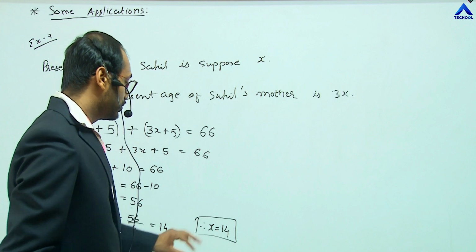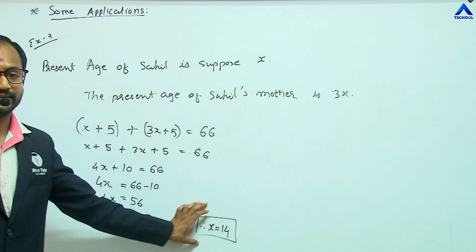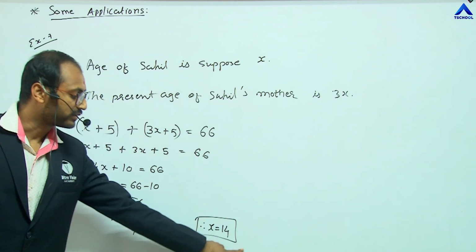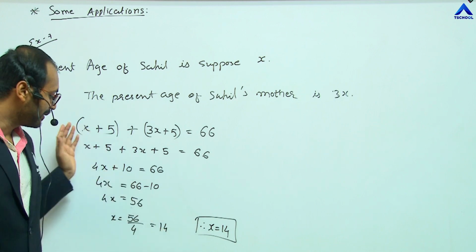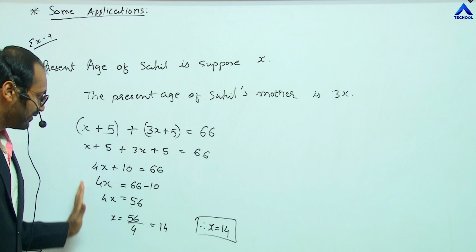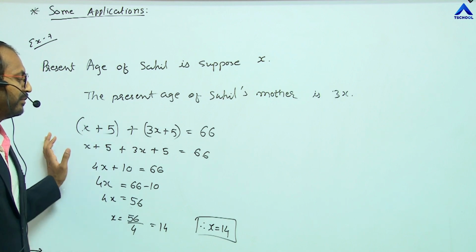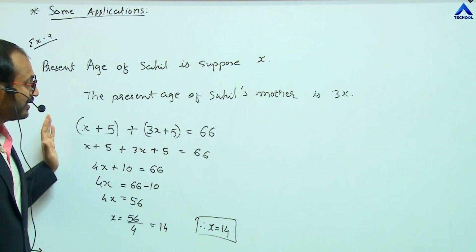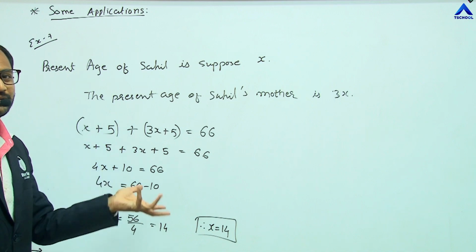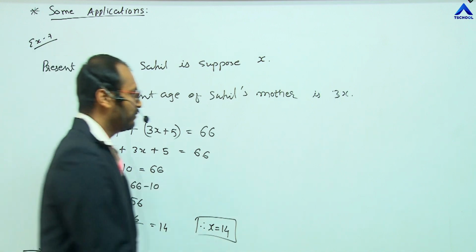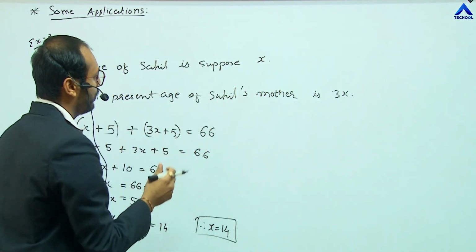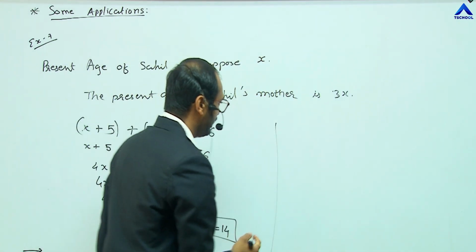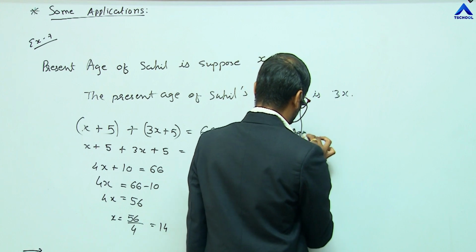So you should do it like this. You should put a box on the answer, because sometimes such equations can make it difficult to get the exact answer, the value of X. Now we can write the value of both things.